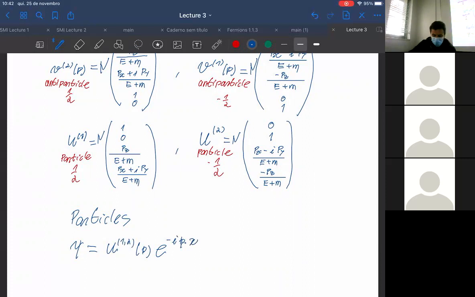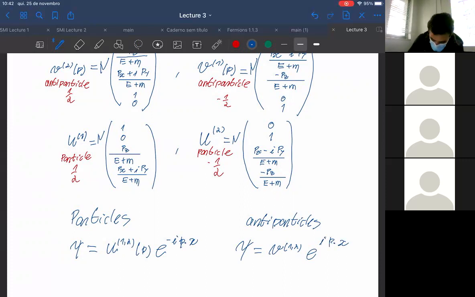These are for particles, and for antiparticles your solution, sorry, it's not u, now it's a v. It's v1,2(p) e to the i p·x. So when you start doing QFT, you see these things. When you quantize the Dirac field, you see this there.